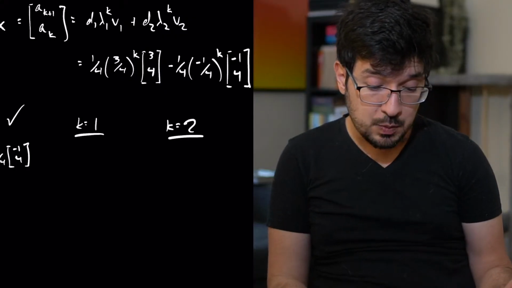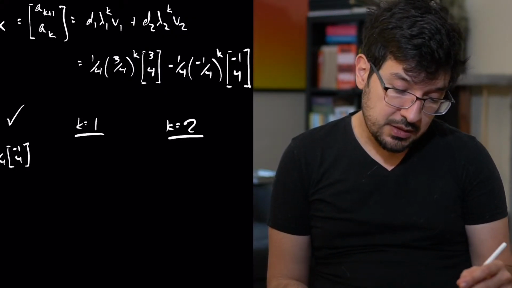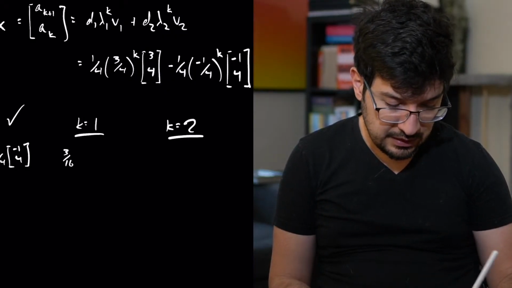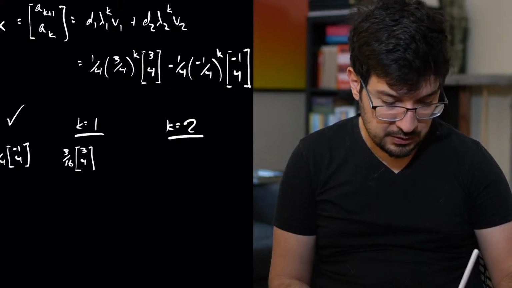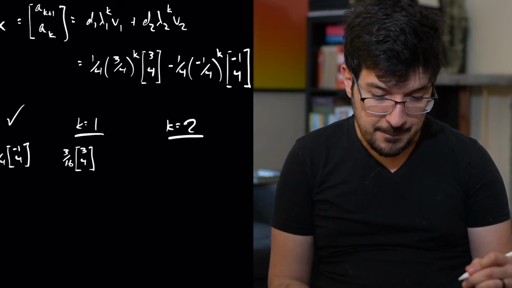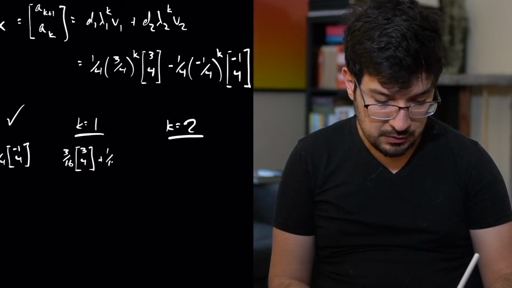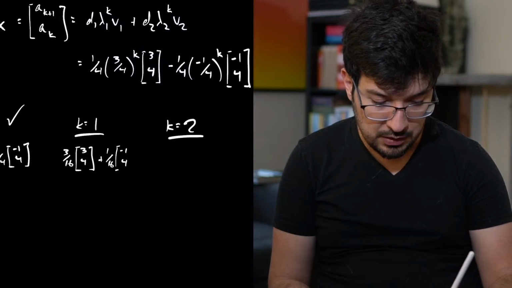If k is 1, the second term is 3/4 times 1/4. This is 3/16 times eigenvector 3, 4 plus 1/16 times eigenvector negative 1, 4.